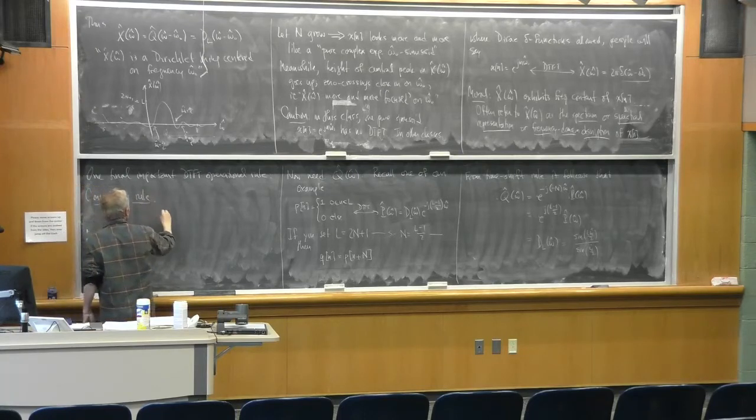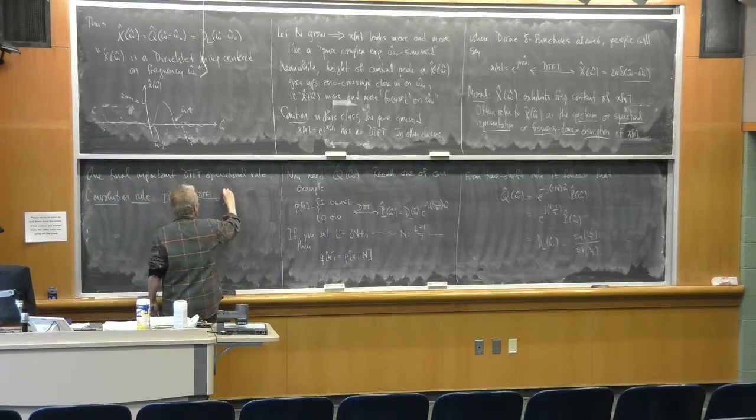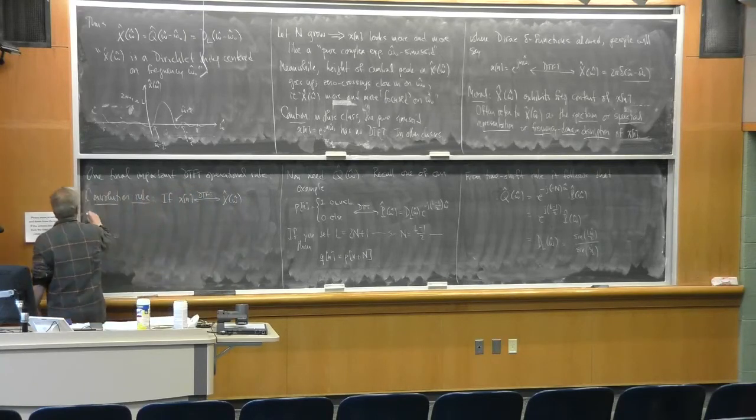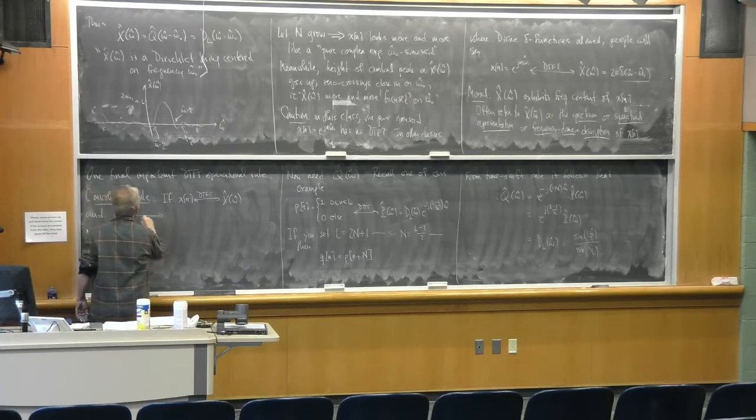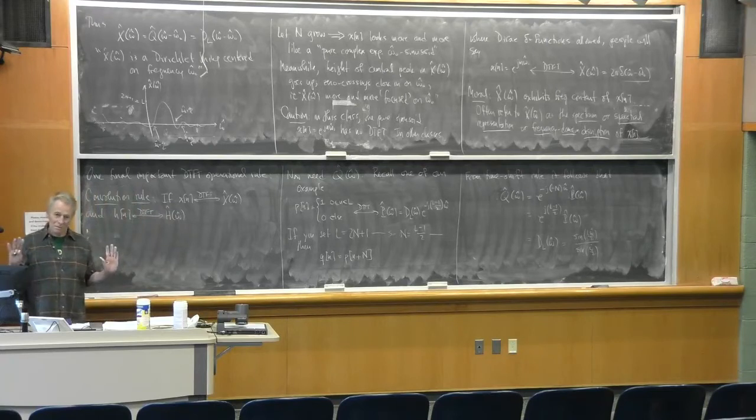That says that if you have a signal x of n with DTFT x hat of omega hat, and h of n is another signal whose DTFT is h hat of omega hat, and I'm picking h as the letter here because we're going to be using it.